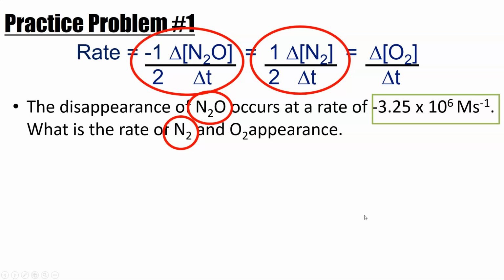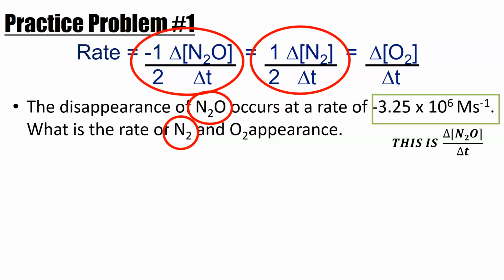Here's something that's pretty tricky. Here's where this common mistake starts to happen. People will think that this number is this entire section here, and it is not. The rate of disappearance is delta N2O over delta T. This entire circled area of the expression with the 1/2 here, that's the overall rate of reaction.